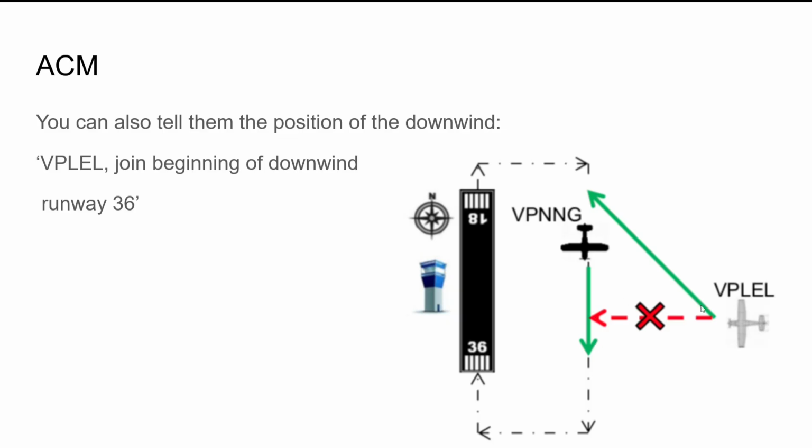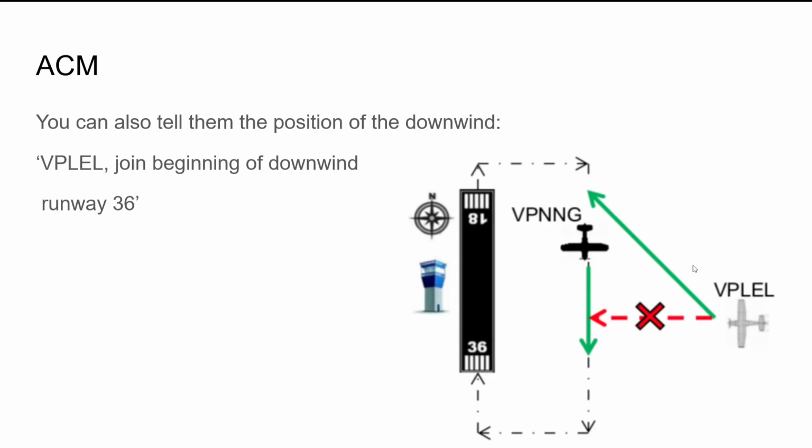Is much later in the downwind. Having Victor Papa Lima Echo Lima join downwind is a mistake, because this could create a collision. So you tell him, "join beginning of downwind runway 36." He will go fly here and join beginning of downwind runway 36, and follow.